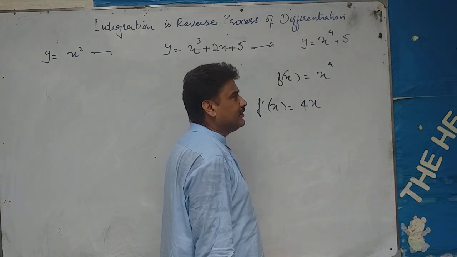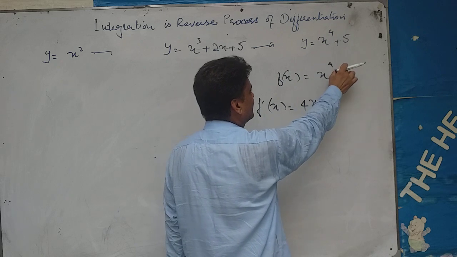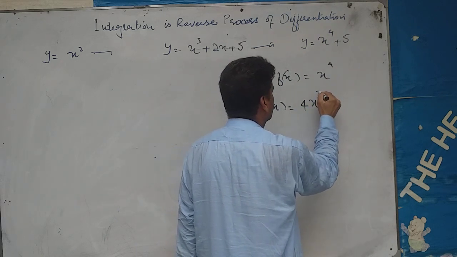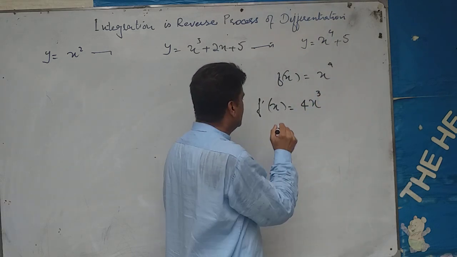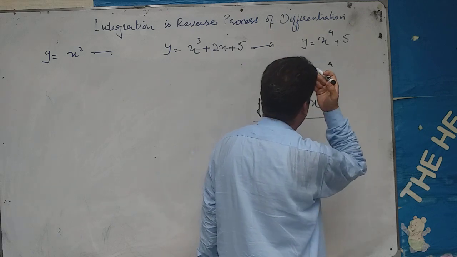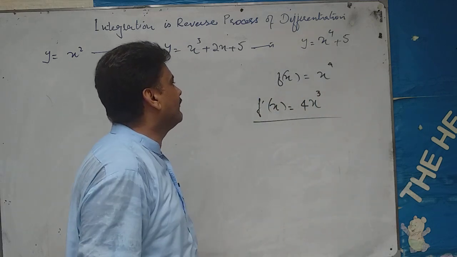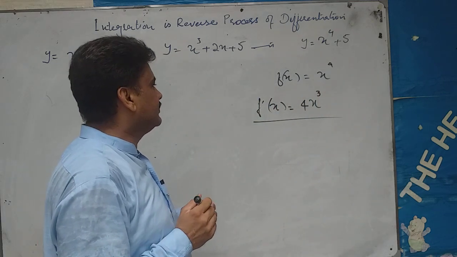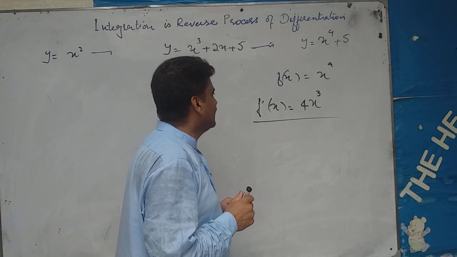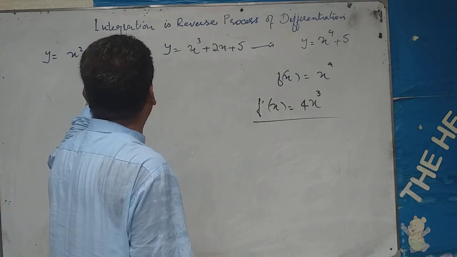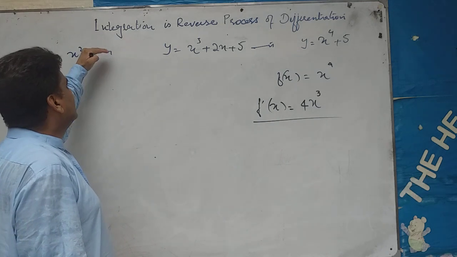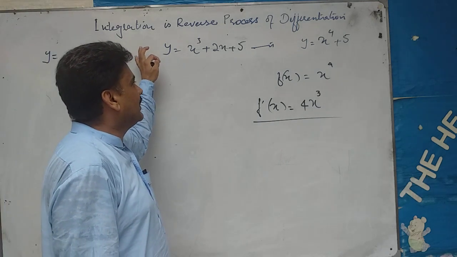After this we decrease the power of the function by 1. It is called the gradient function or first order derivative of the function f of x equal to x raised to power 4. Similarly, we use the power rule to find the gradient function of all of these functions.